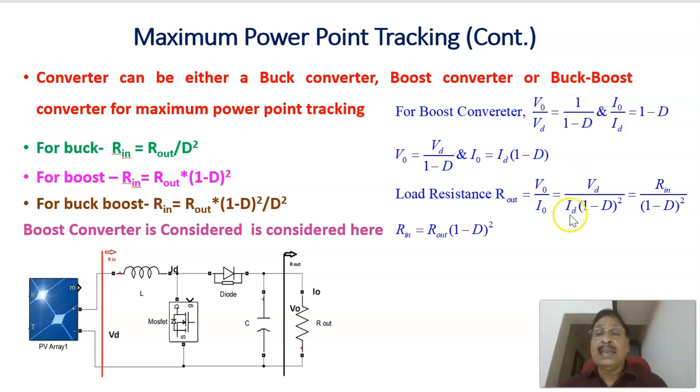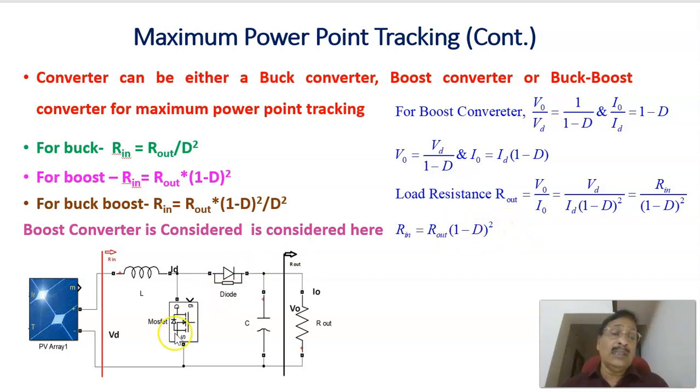Or VD by ID is nothing but R in, the resistance at the input side of the converter, VD divided by ID. That is equal to (1 minus D) whole square into R out, meaning that a resistance R out will be reflected at the input side by this equation: R in equal to R out into (1 minus D) whole square.